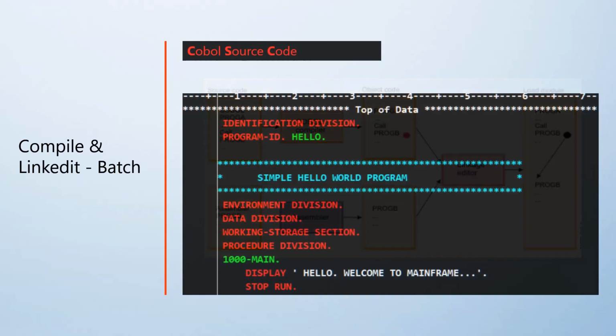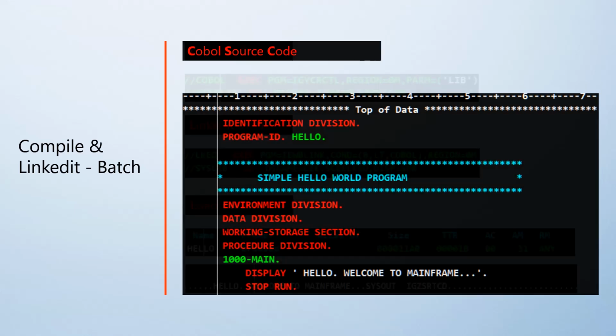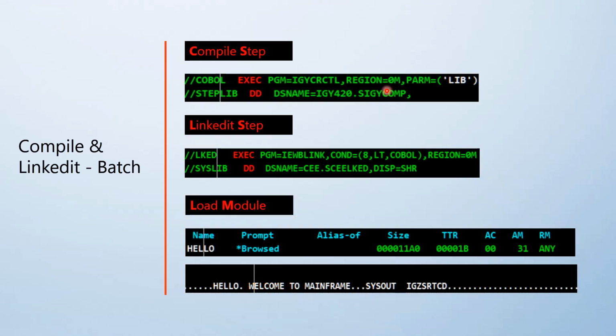Here it's just a sample COBOL source program which is used in batch. This just displays a message on the screen. This is the source, and in the compile step, there is a COBOL compiler which is used to compile the source, and this is the link edit program.